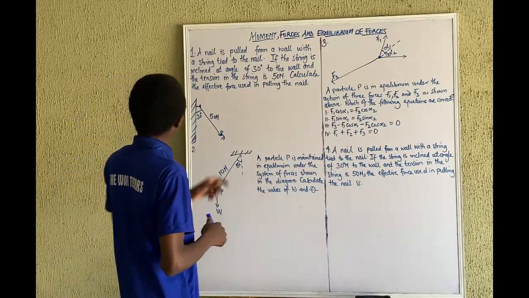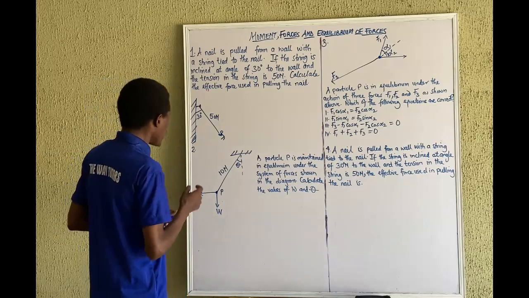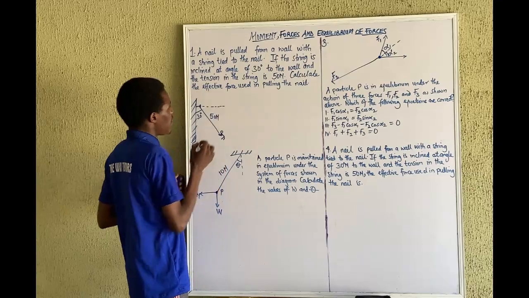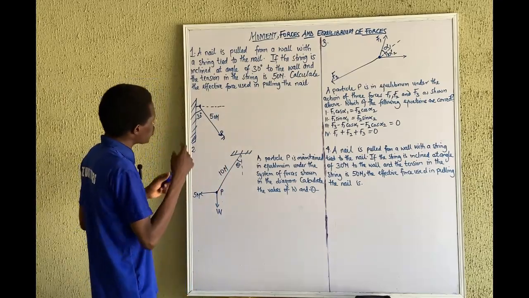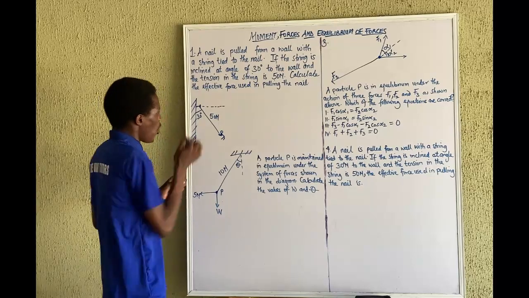You want to pull it from a wall, and of course the force that will pull it out, the effective force, will it actually be the horizontal or the vertical component of this tension?